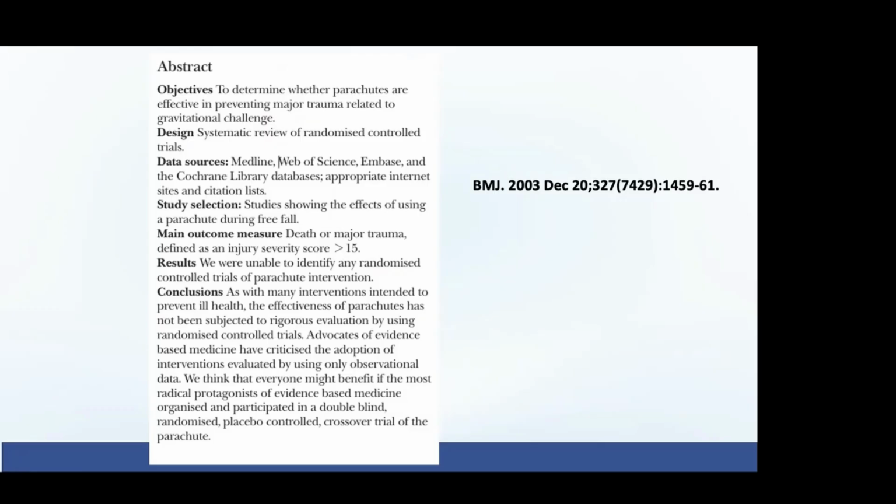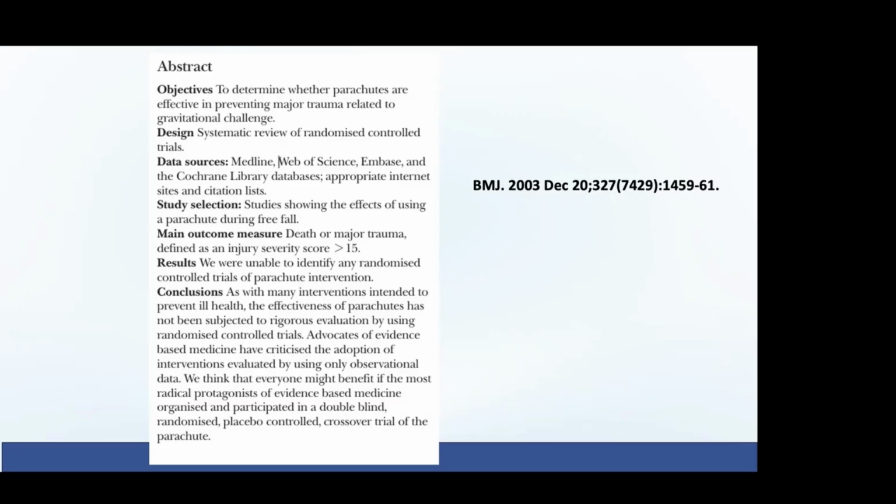They concluded that they were unable to identify any randomized controlled trials of parachute intervention. Nothing was controlled. They conclude, as with many interventions intended to prevent ill health, the effectiveness of parachutes has not been subjected to rigorous evaluation by using randomized controlled trials. Advocates of evidence-based medicine have criticized the adoption of interventions evaluated by using only observational data.